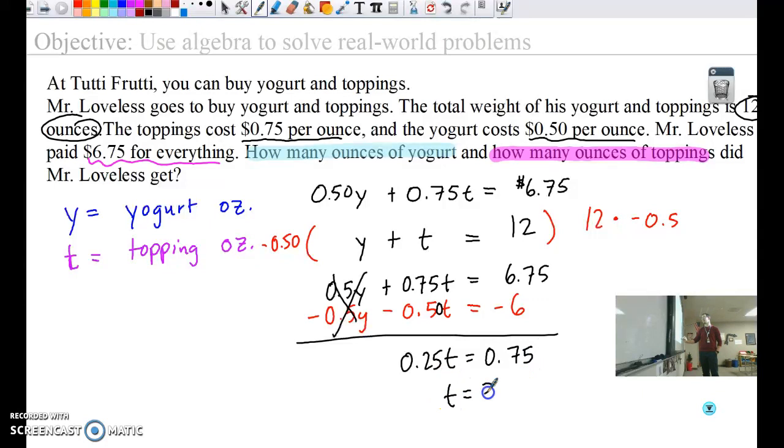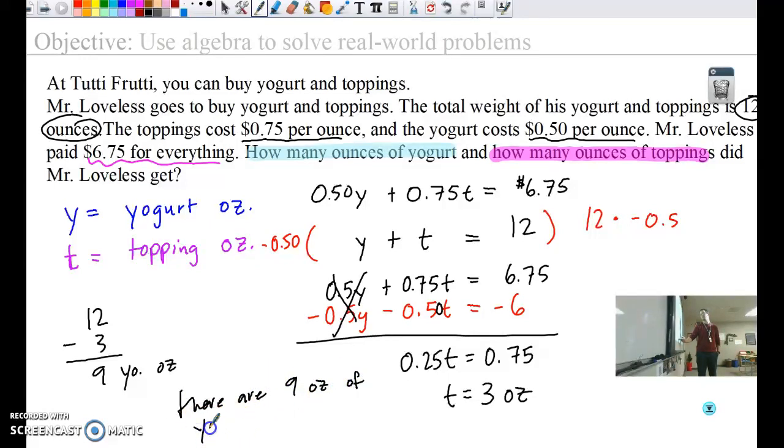It's easy to see that toppings are 3 ounces. So if it's 12 total ounces minus the 3 ounces from toppings, that means 9 yogurt ounces. Okay, so my sentence would be, there are 9 ounces of yogurt and 3 ounces of toppings.